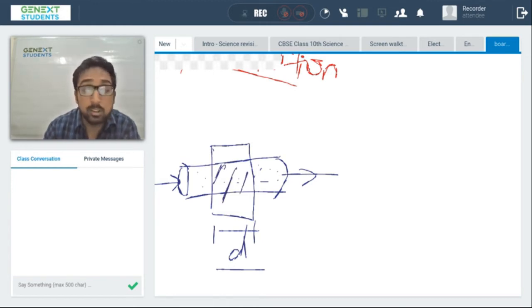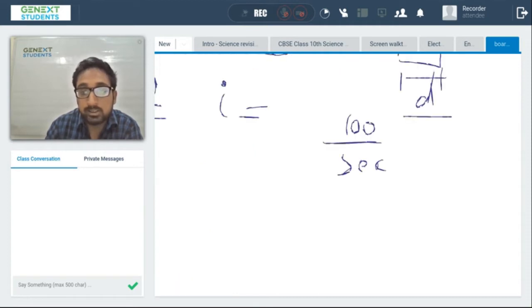In this particular section of distance d, let's say there are 100 charges. So the rate of flow is 100 charges per second, or 100 charges in 1 second.